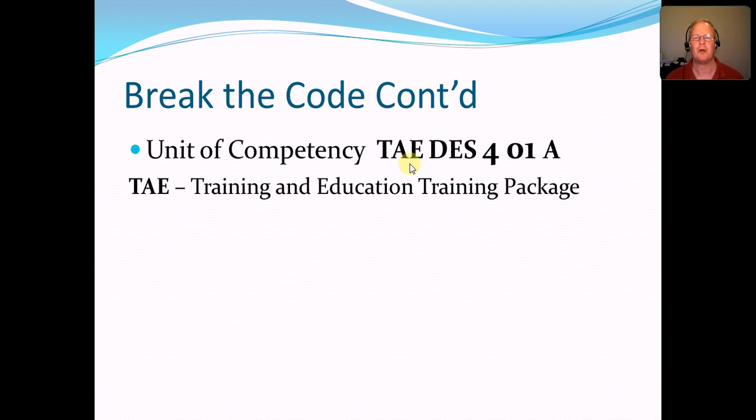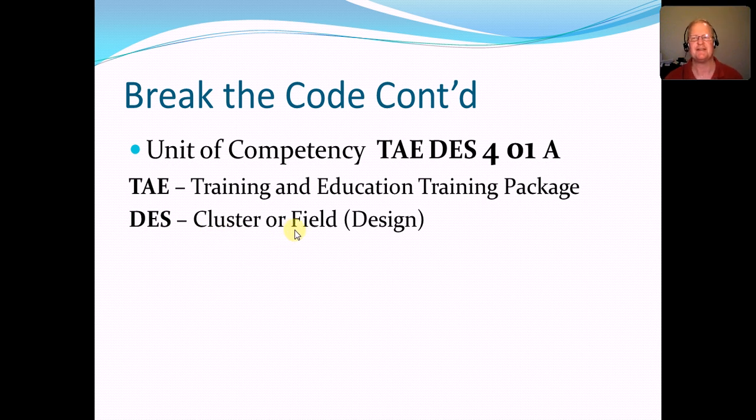Again, the TAE represents the training package that the unit of competency is from, and this one is from the Training and Education Training Package. We then talk about the next series of letters, DES, and this represents the code or field that this unit of competency is from in the training package. And this is from the design field or cluster within the Training and Education Training Package.